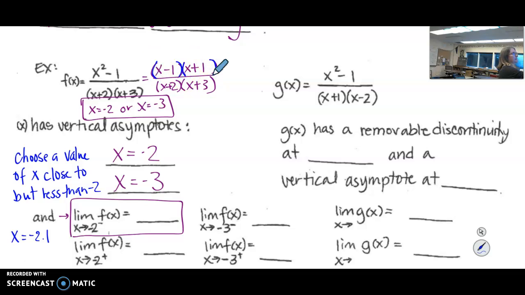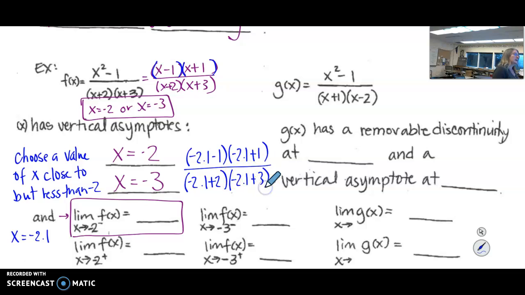If I put in -2.1 for x, and eventually I want you to be able to do a majority of this in your head, let's see what I mean. If I put in -2.1 for x and evaluate this, I don't need to know the exact number. I just need to know if this whole thing would be positive or negative.